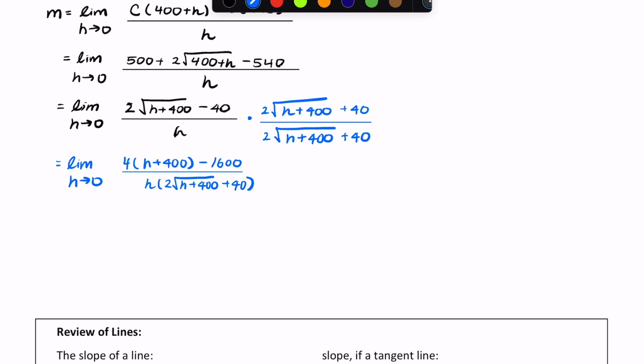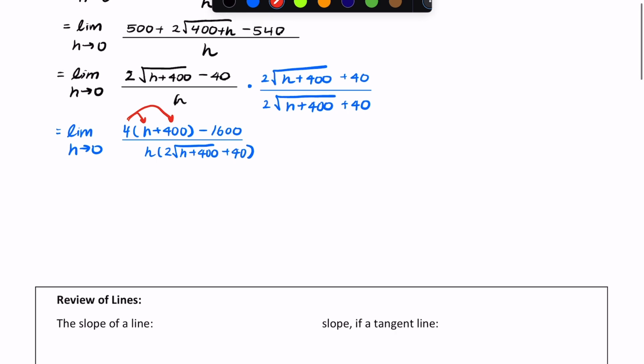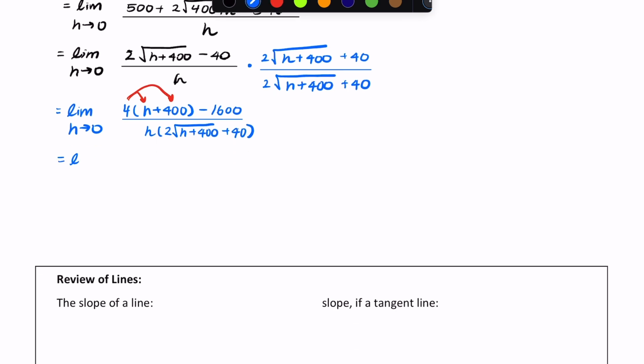Here we can expand the 4 onto h and 400. We have the limit as h approaches 0 of 4h plus 1,600 minus 1,600, and those cancel out, all over h times the bracket 2 square root of h plus 400 plus 40.